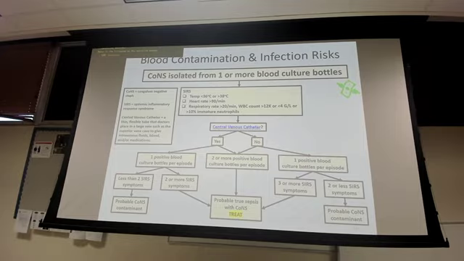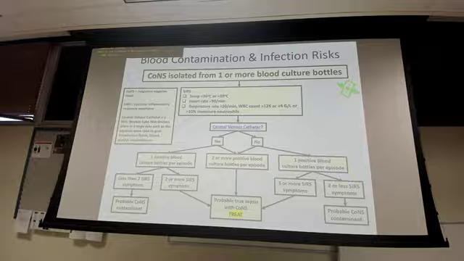All right, for coagulase-negative staphylococcus isolated from 1 or more blood cultures where you suspect systemic inflammatory response syndrome, these are the criteria you're looking for: a temperature of less than 36 degrees Celsius or greater than 38 degrees Celsius, a heart rate of greater than 90 beats per minute, a respiratory rate of greater than 20 per minute, a white blood cell count of greater than 20,000 or less than 4,000, or greater than 10% immature neutrophils, okay?